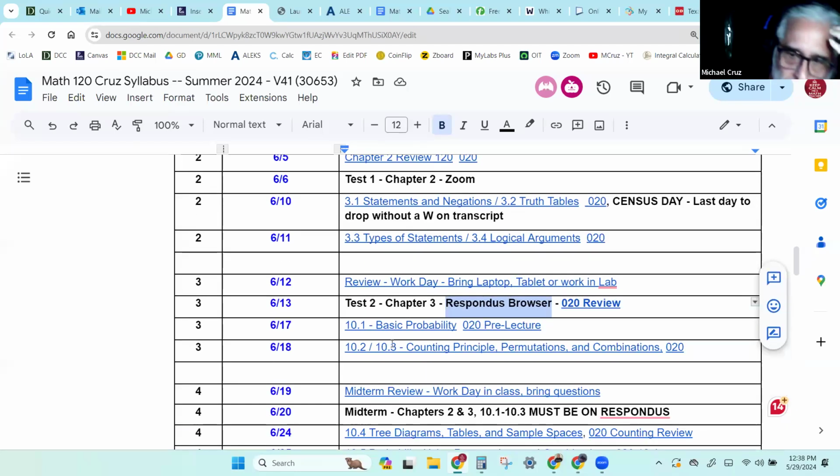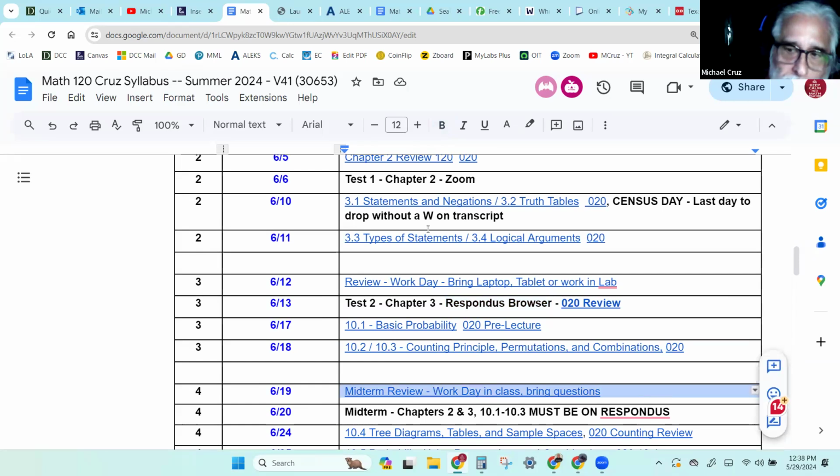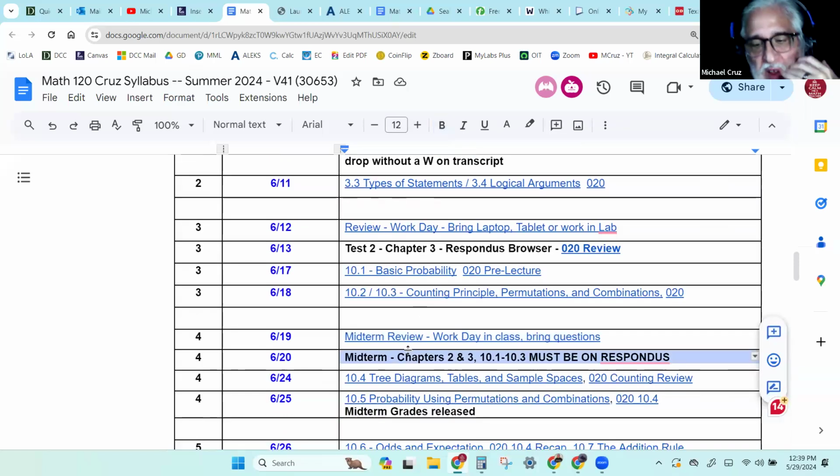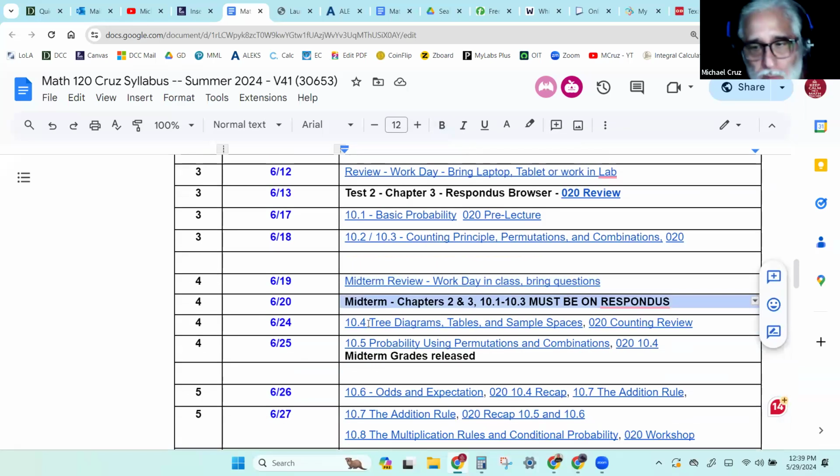So then before midterm, which is a little over 3 weeks away, okay, it goes faster in the summer, we're going to cover a couple of sections of chapter 10, and then we'll have the midterm. And then after midterm, we will finish chapter 10. And 10 is kind of the behemoth in the bunch because it's a large chapter.